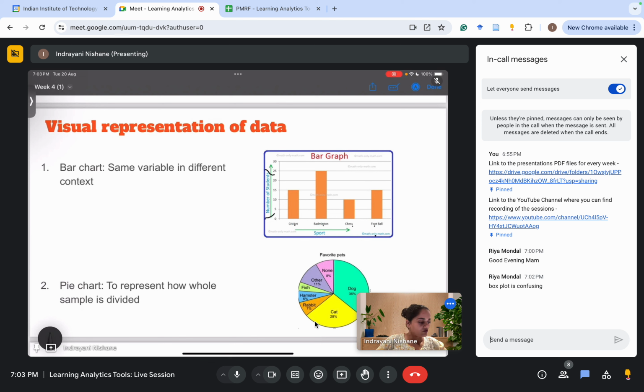So similar categories, and what is the data, the number of students, that we are plotting here. So the same variable becomes the number of students, and the different context is the different types of sport.